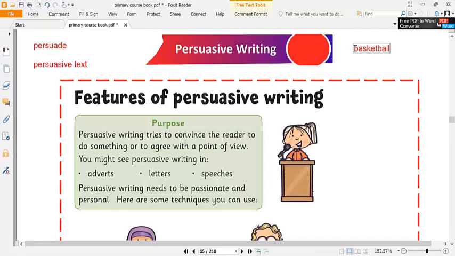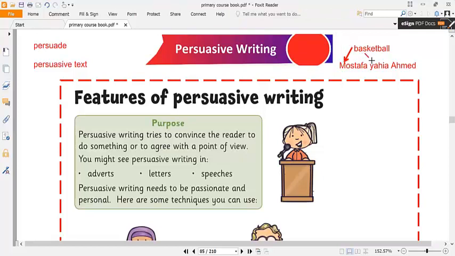So this is an idea. Kareem has an idea to play basketball and he wants Mustafa, Yahya, and Ahmed to play with him. Expect that they don't agree about what Kareem wants.